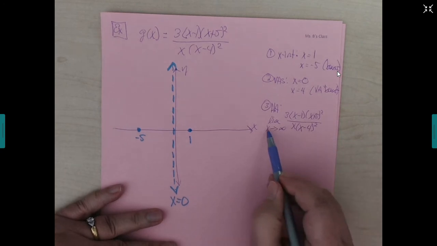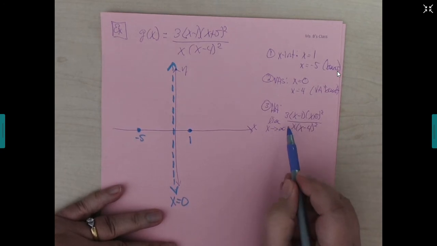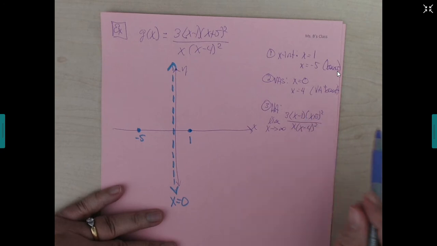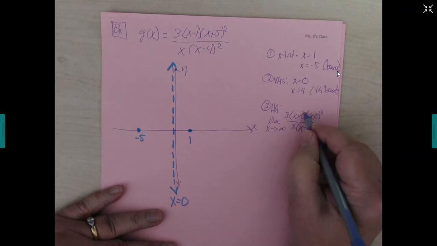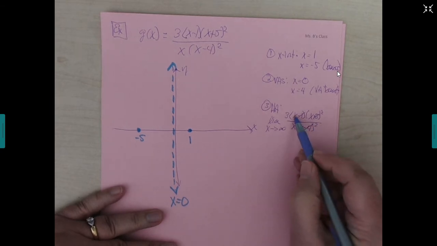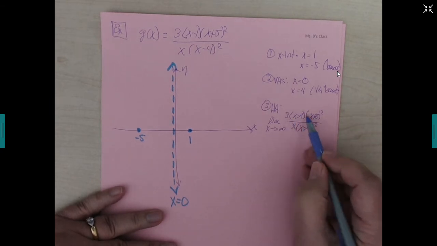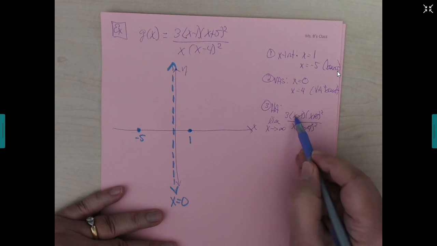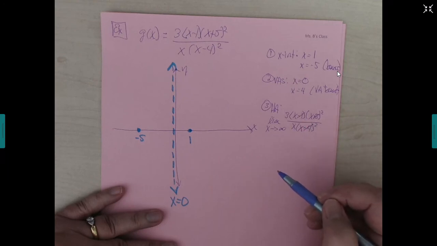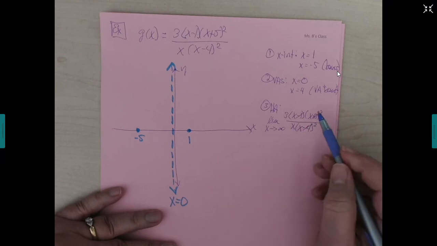Okay, so as x approaches infinity, you put in infinity for all your x's. When you do that, all of these tiny numbers here become insignificant. So infinity minus, I'm not crossing out the whole factor, I'm just crossing out the -1 there. Infinity, infinity, infinity, infinity. Who cares about infinity minus 1? That's just meaningless, okay?